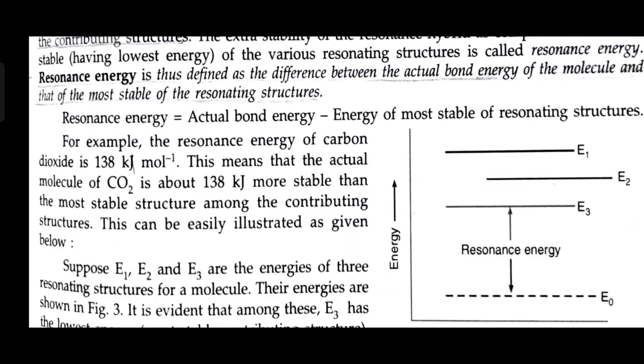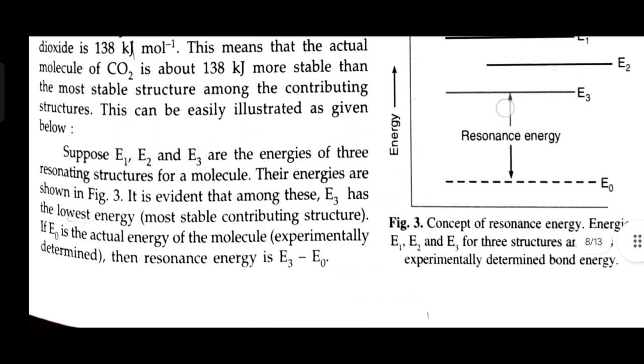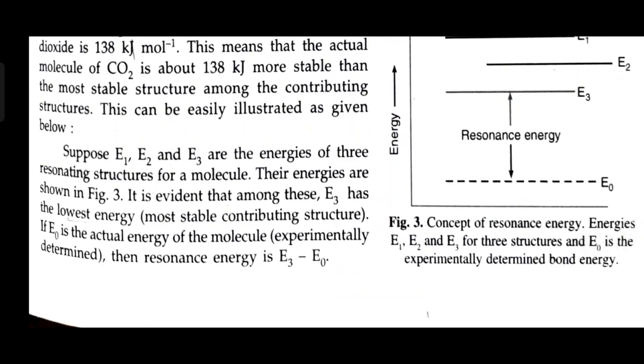For example, the resonance energy of carbon dioxide is 138 kJ per mole. This means that the actual molecule of CO2 is about 138 kJ more stable than the most stable structure among the contributing structures. This can be easily illustrated as given below. Suppose E1, E2 and E3 are the energies of three resonating structures of a molecule.